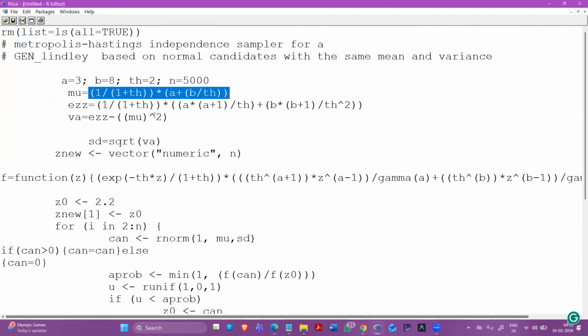And here I am introducing Ez as a term, that is 1 upon 1 plus theta into alpha into alpha plus 1 divided by theta plus beta into beta plus 1 divided by theta square. When I subtract mu square from here, this is basically your expected value of x square.